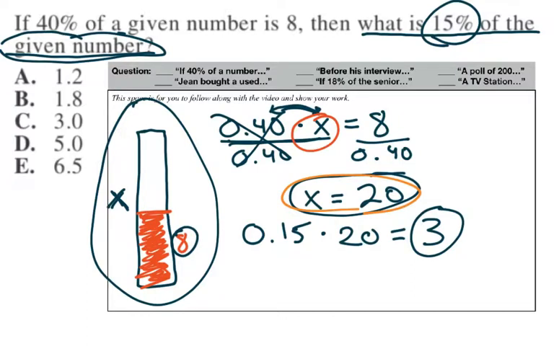Our x value was 20. That makes sense logically. Then it says 15%. We know 15% is much smaller than 40%. It's less than half of 40%. If we're talking about 8 being 40%, this definitely would be less than half. So the correct answer choice would be C.